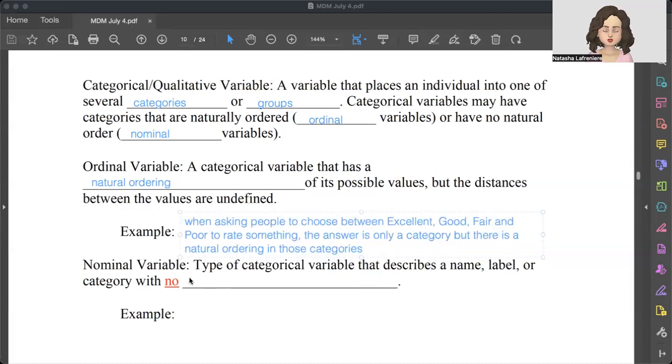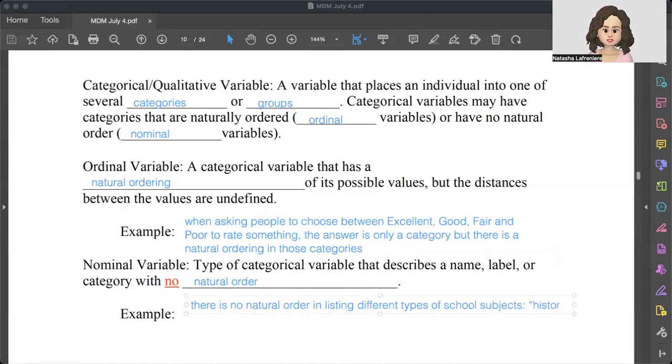Nominal variables are types of variable that describe a name, label, or category with no natural order. Okay, so an example of that would be there's no natural order in listing different types of school subjects.